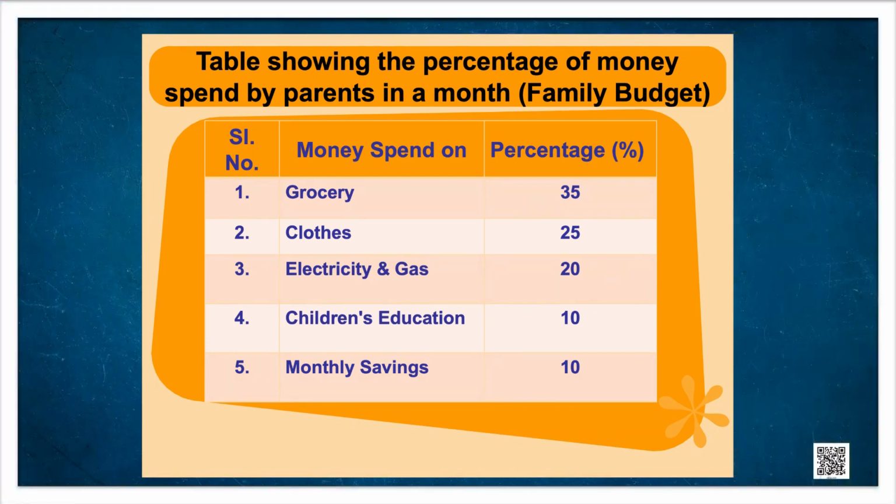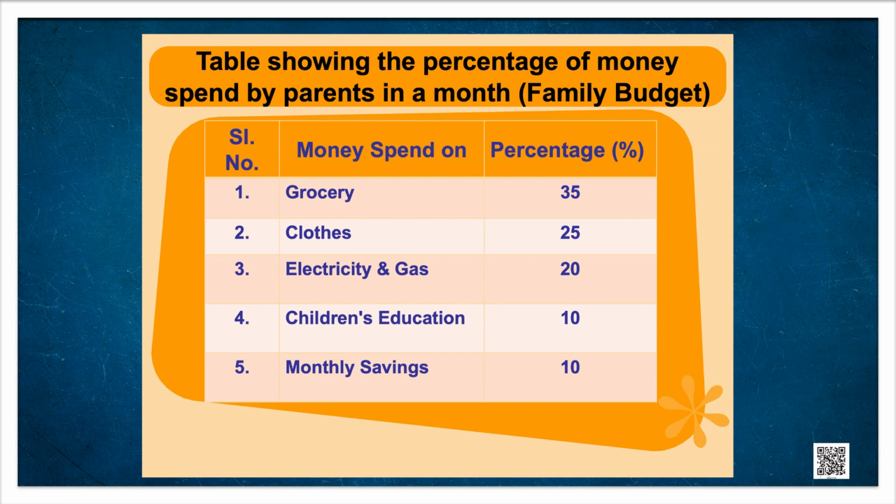You have consulted your parents and found out the percentage of money they spend in a month for: 1. Grocery, it is 35%. 2. Purchase of clothes, it is 25%. 3. Money spent for electricity bill and gas, it is 20%.